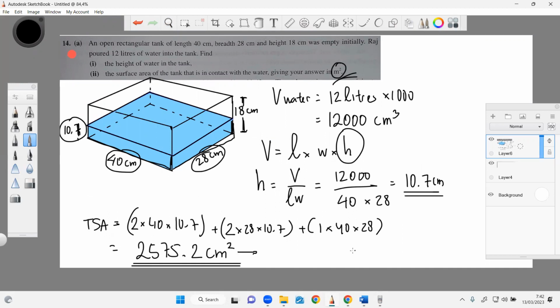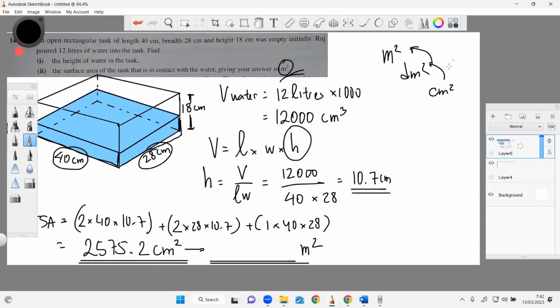So you convert to meter squared. How do you convert cm squared to meter squared? You go up by twice, and it is squared. You divide by 100, not 1000. Make sense? Divide by 100, divide by 100. So put the decimal place 4 times to the left: 1, 2, 3, 4.